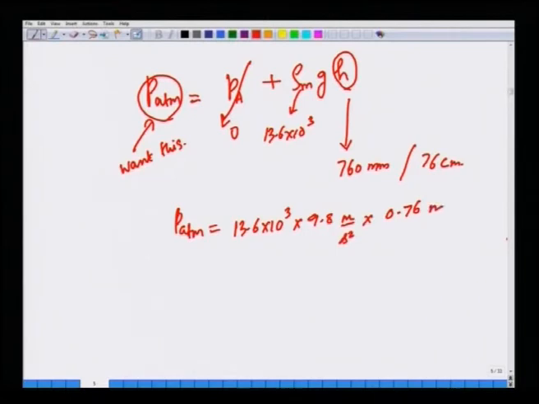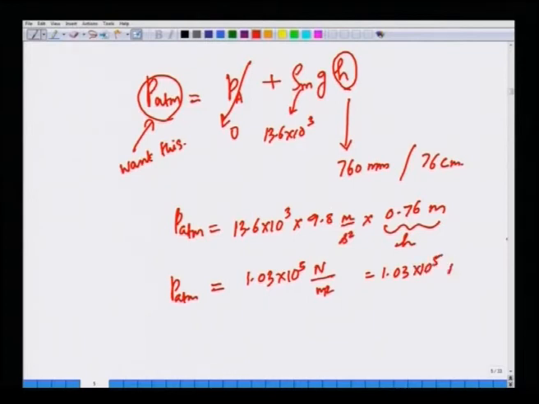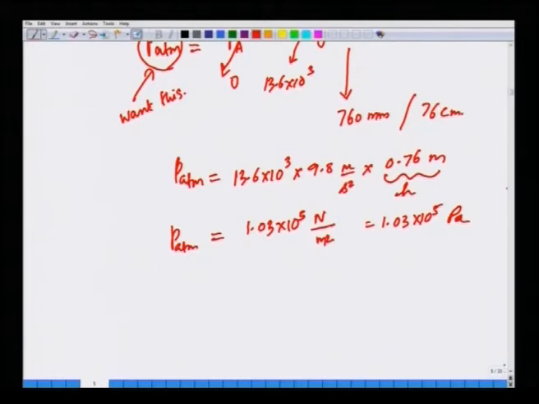This is the height. When we do all this, we get atmospheric pressure to be 1.03 times 10 to the 5 Newton per meter squared, or 1.03 times 10 to the 5 pascals. So, the barometer is a simple construct that is used to calculate the atmospheric pressure.